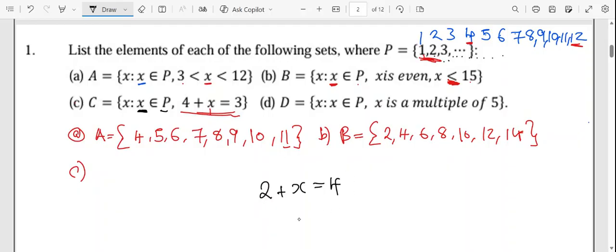So if you take that 2 there, x is equal to what? I just want you to be very fast. x is equal to 2. So this means we need to put 2 there so that we satisfy this condition, 2 plus 2 will give us 4. That's how you should approach this.